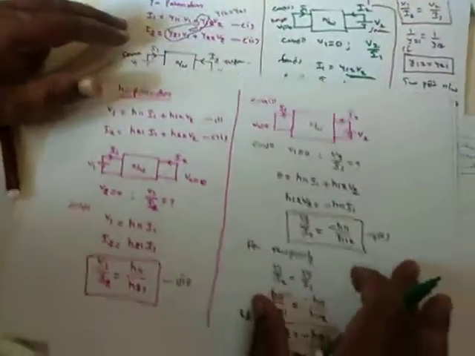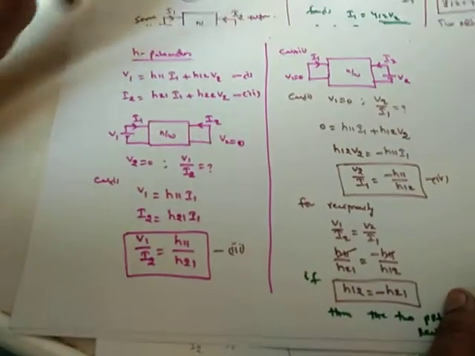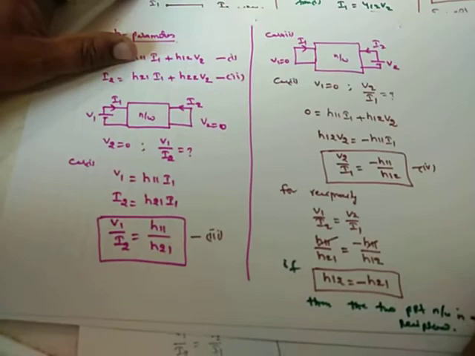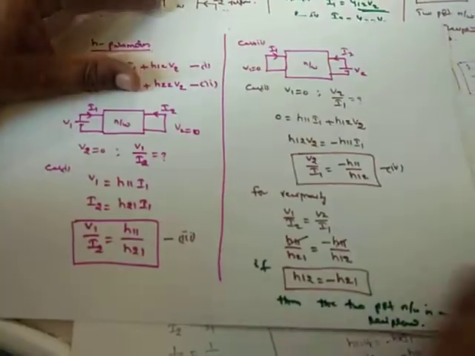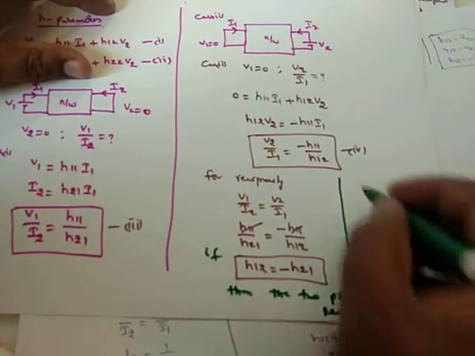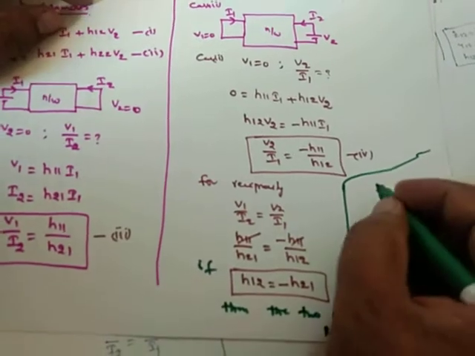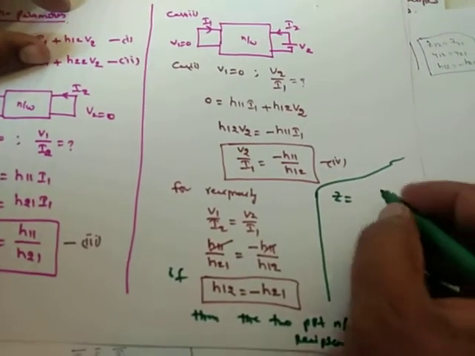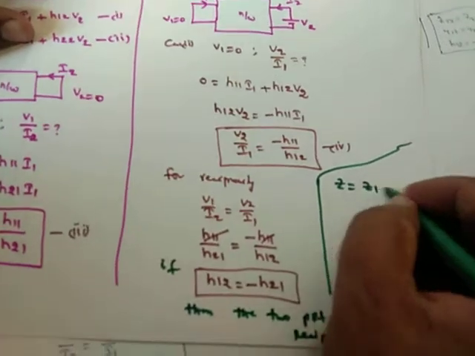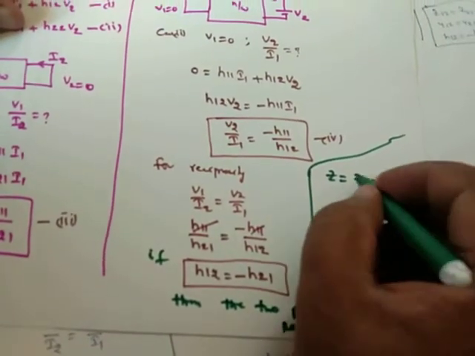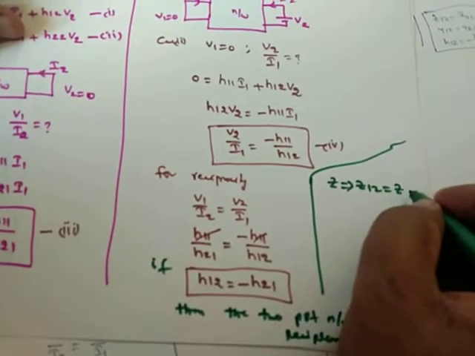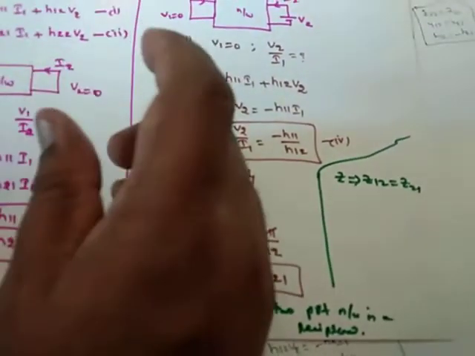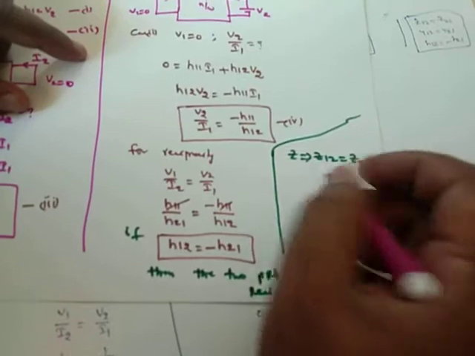Like that we find the condition for reciprocity in terms of Y parameters and in terms of Z parameters. So the overall conclusion here is, already we discussed Z parameters. The condition in Z parameters is Z12 is equal to Z21. That is the condition for reciprocity.